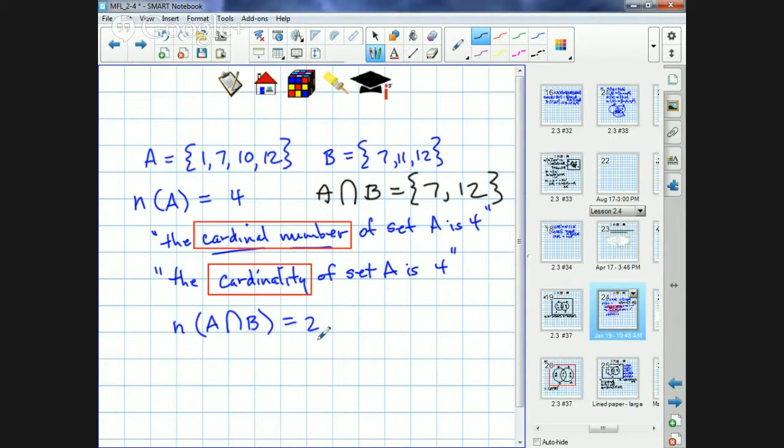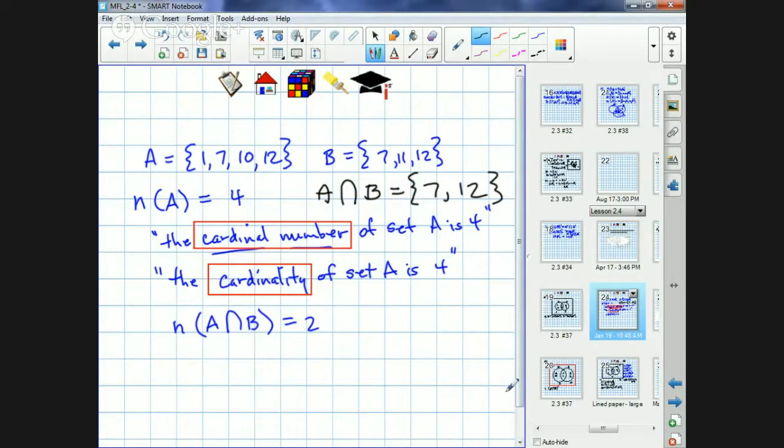That's exactly correct. So it's saying the count in that intersection is 2 elements. The count of A intersect B equals 2. Okay, that makes sense. This count stuff is actually pretty easy.